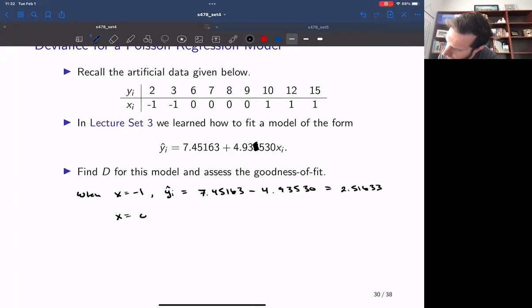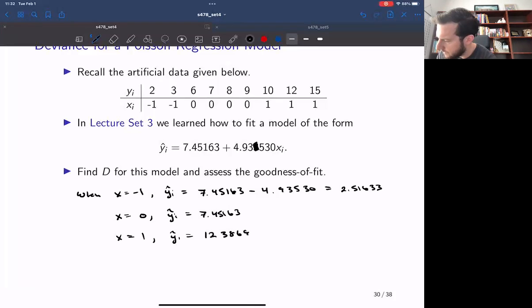When x is equal to 0, yi hat is equal to 7.45163. When x is equal to 1, yi hat is equal to 12.38693.